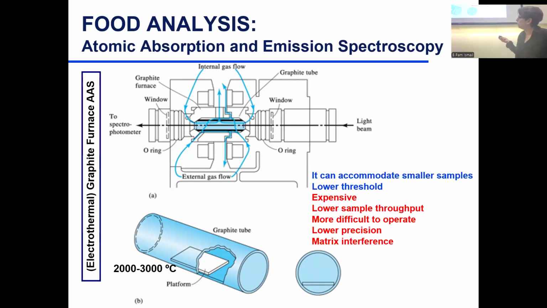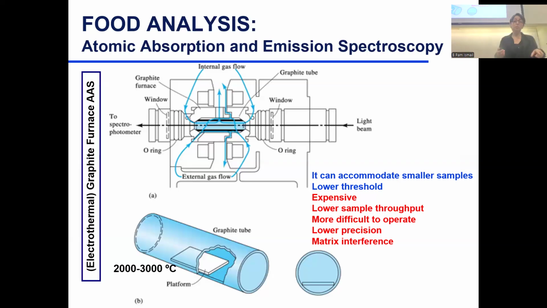So you drop off your sample on that platform, and then it heats up to really high temperatures, and then it evaporates. So the solvent evaporates, your molecules break their bonds, and the atom goes into the gaseous state, and everything else is the same. The lamp, the compartments, the detector, everything else is the same.